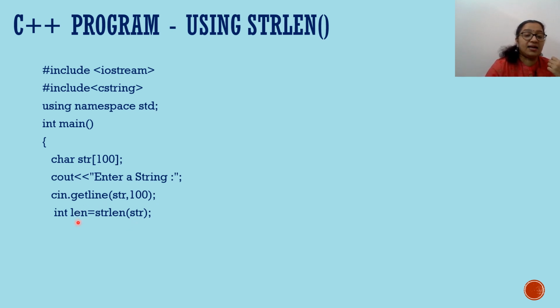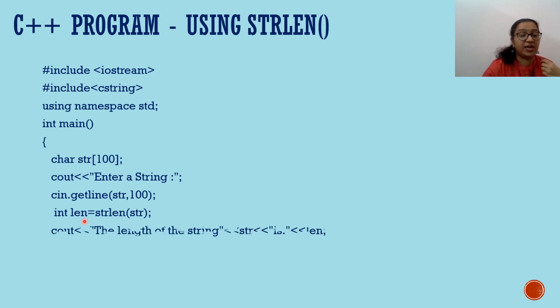So through this function itself we'll get the length of the string automatically. That is strlen. Okay, so this is the string function. It's a library function. We will get the length automatically in an integer variable. So we can print the length of the string. We don't want to use any for loop and all. Only through strlen itself we will get the string length. Okay, so this is the way of counting the length by using the strlen library function.